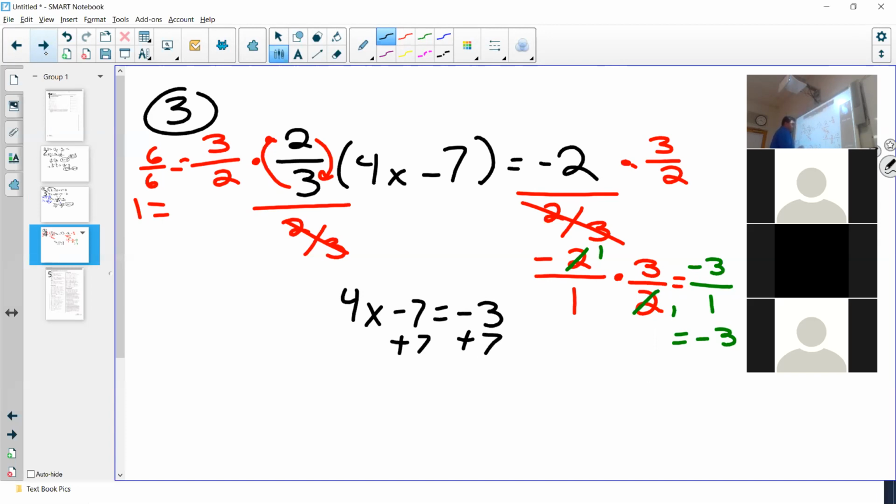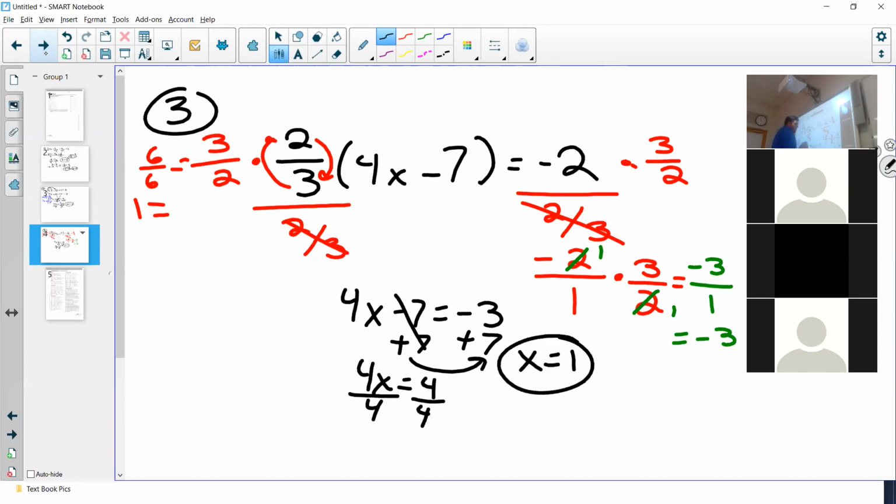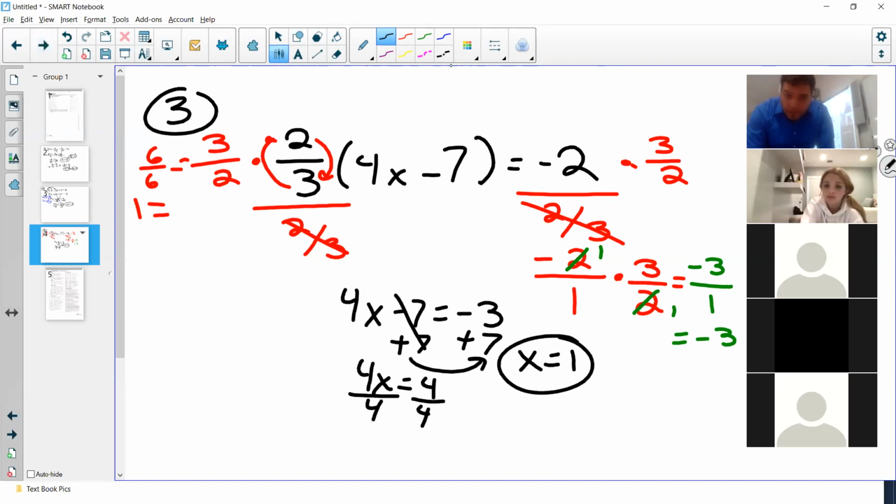The reason I move 7 over is because the x is on the left side and I want to get everything away from that. So I got 4x equals 4, divided by 4, divided by 4, x equals 1. Okay? So the answer is 1. Yeah, the answer happens to be 1.